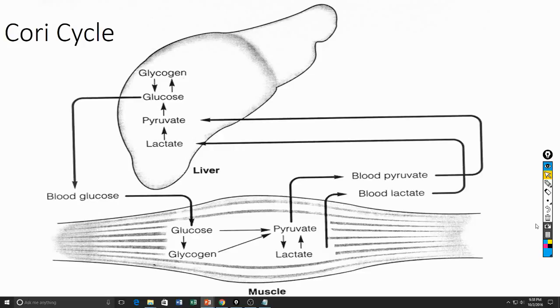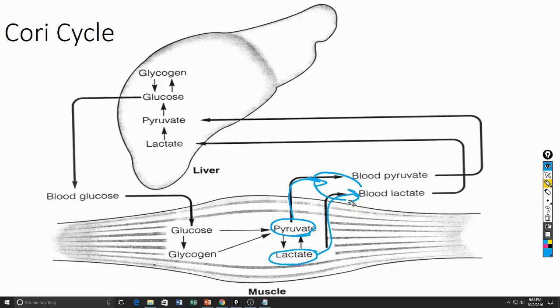So if we look here, the Cori cycle is part of the gluconeogenesis chain, which we'll talk about as we go along. And what happens is, say our muscle produces lactate, and lactate goes out into the blood. Same thing with pyruvate. Pyruvate can leave the muscle and go out into the blood if needed.